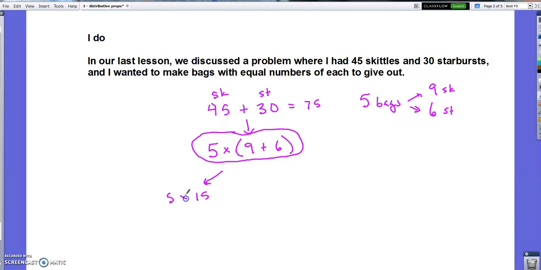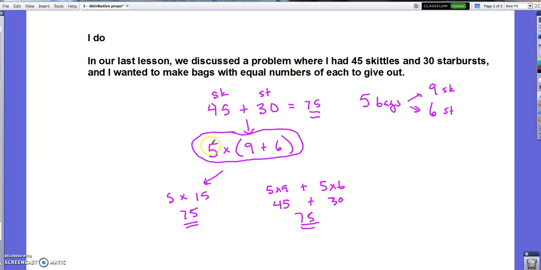Then times 5, and you'll get 75 pieces of candy. Or you can do 5 times 9 plus 5 times 6. And that's this, right? 5 times 9 is 45. 5 times 6 is 30. And I still am accounting for all 75 pieces of my candy.